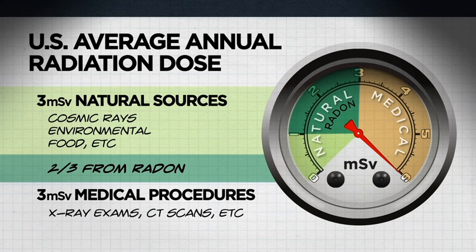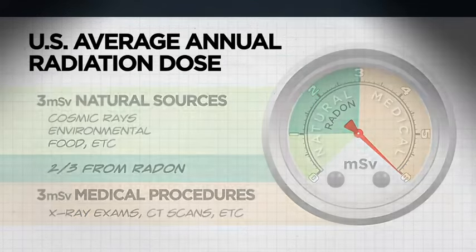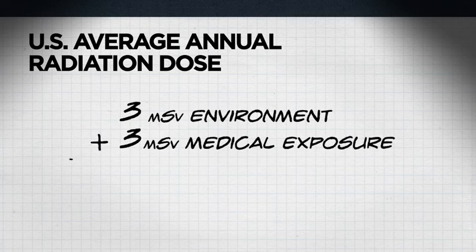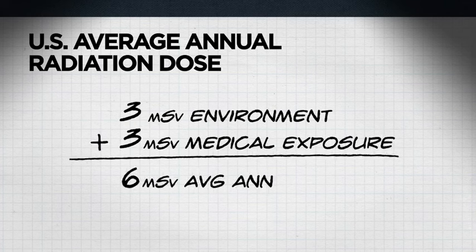On average, that contributes another 3 millisieverts. 30 years ago, that was less than 1 millisievert, but now it's close to 3 millisieverts because the technology has advanced, so we're using that technology more. So total, on average, 3 millisieverts from the environment and 3 millisieverts from medical exposures. That gives us 6 millisieverts average annual dose to a person in the United States.